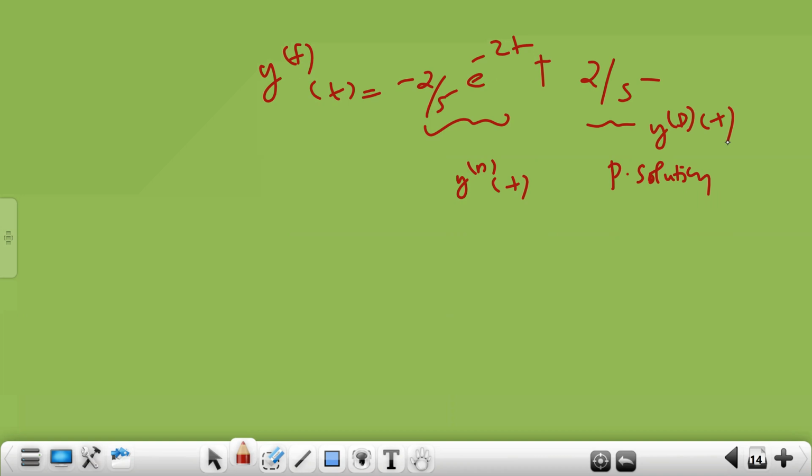Students, you have to be very careful while finding the values of C1 and C2. You are going to find C1, C2 only at the end, not at the end of your natural response. After finding the natural response in terms of C1, C2, you just stop there and proceed to the particular solution. Then you have to add the particular solution and the natural solution together, after finding K1, K2 values.